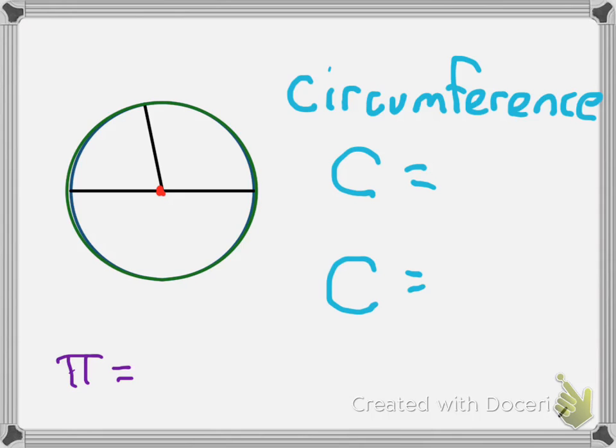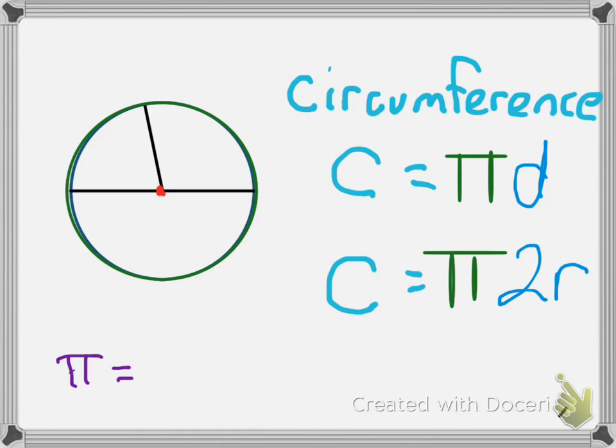So what we're going to do, and we can prove it, we'll probably prove it tomorrow in class, is that circumference is pi times d, diameter. And we know that since diameter is 2 times r, the circumference is also equal to pi times 2r, or 2 pi r.